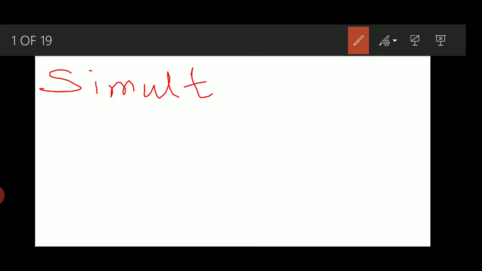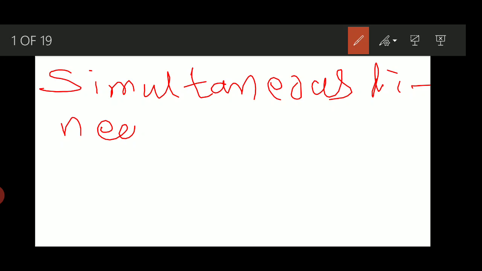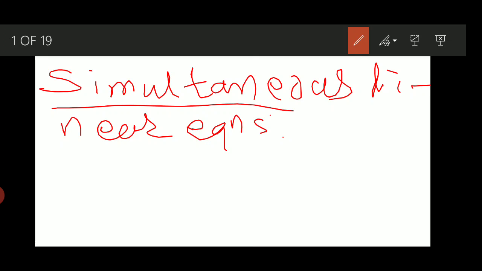Simultaneous linear equations. What is the definition of simultaneous linear equations?